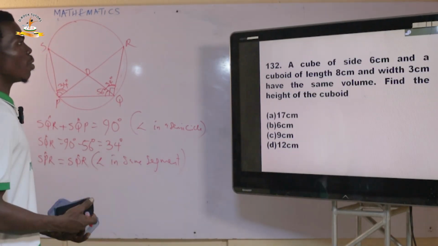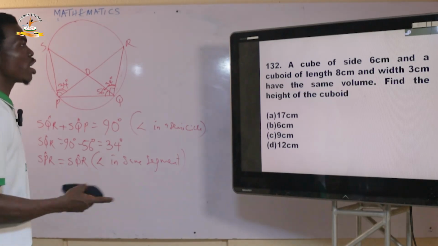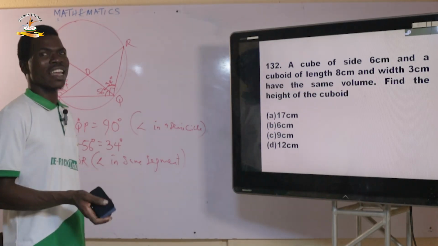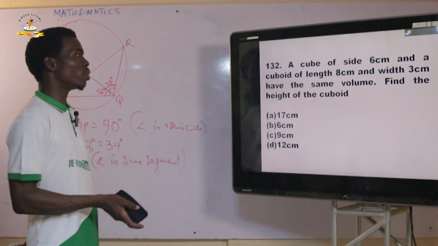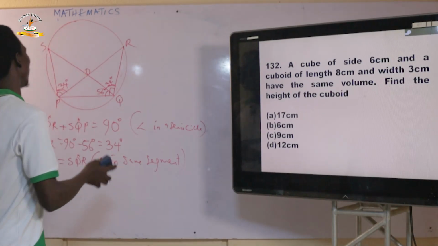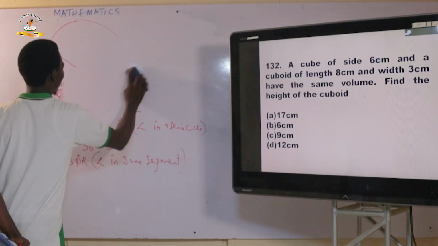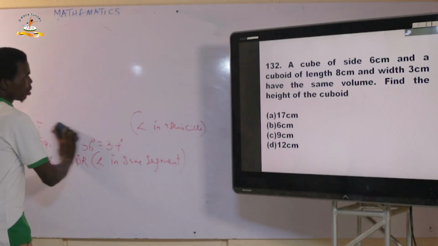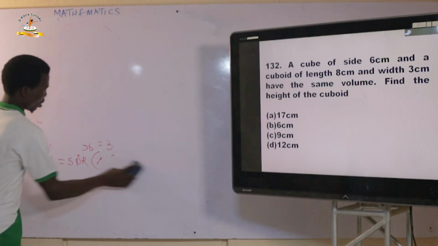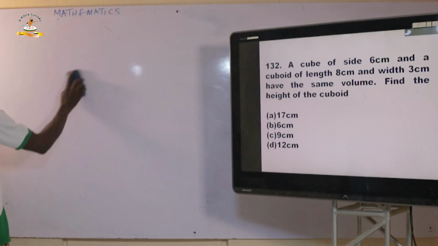It says a cube of size 6 centimeter and a cuboid of length 8 centimeter and width 3 centimeter have the same volume. Find the height of the cuboid. So let's check this out.